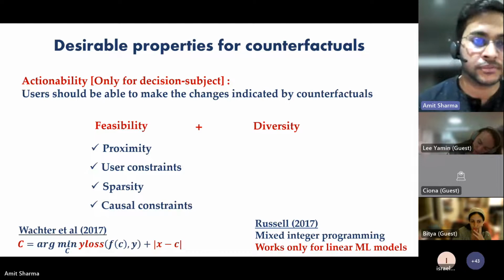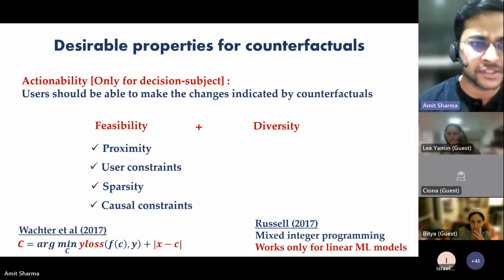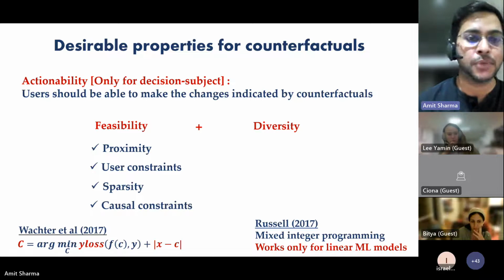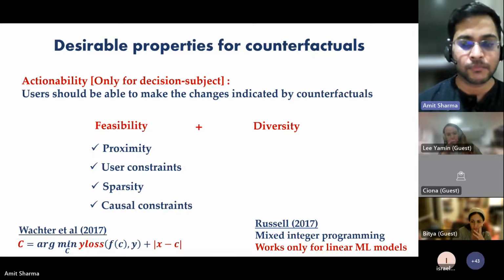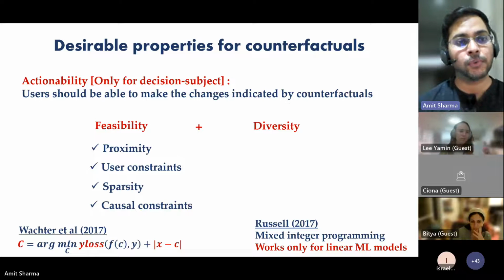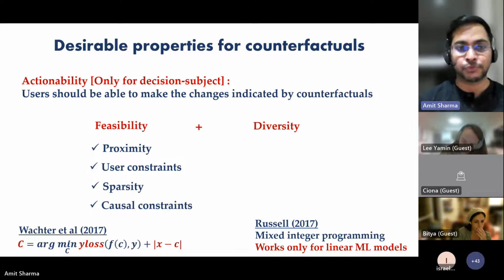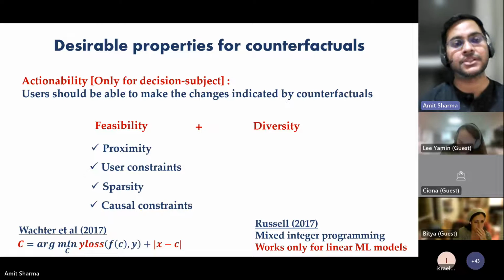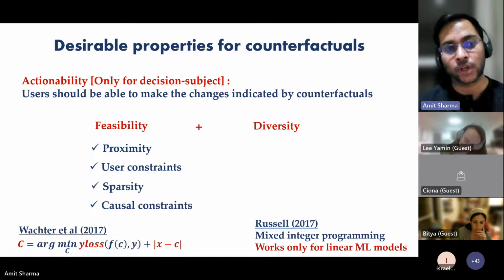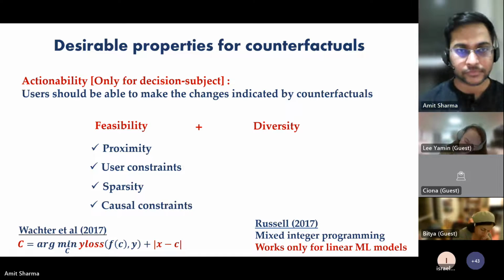And so one part of the challenge here is how to make sure that things are feasible to the user. But the second thing that's also important is that it should be diverse. Because we don't know what the user would find useful. So the best we can do is to just give them a diverse set of options, which help them understand what the model is really looking for.